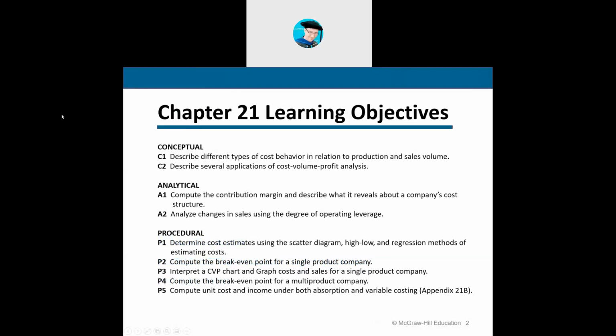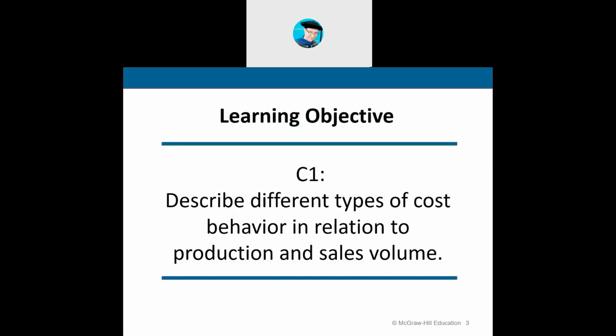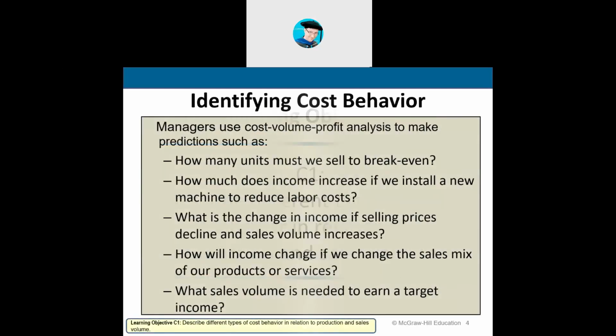Okay, so let's take a look at a couple of different cost concepts. We'll talk about sales volume, which is how many units we need to sell, and we'll talk about different points of break even, and also analyze that information. The first thing I want to talk about is the cost behavior in relationship to the amount of units I need to sell.